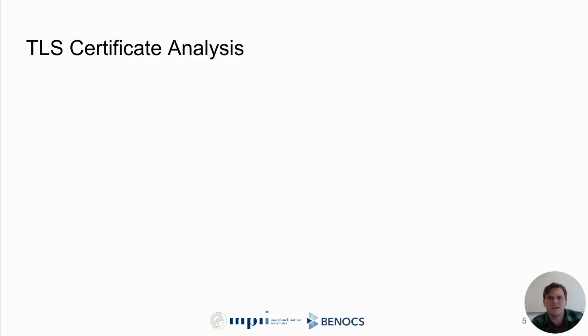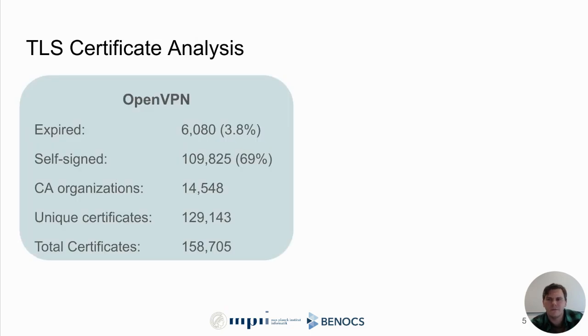First of all, we had a look at the TLS certificates, and for OpenVPN, we found around 160,000 certificates with 130,000 unique fingerprints, and around 4% of the certificates were already expired. A substantial amount, over two thirds of the certificates, are actually self-signed, and we found over 14,000 different certificate authority organizations, which is quite a heterogeneous distribution.